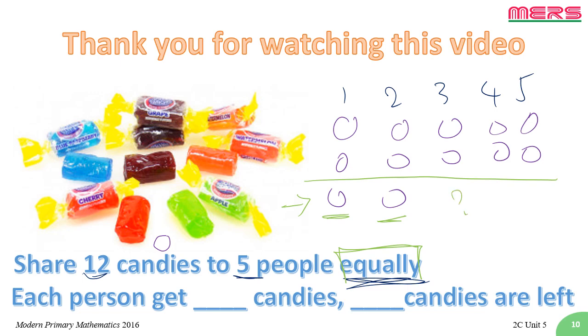The rest of them can't get any, so we can't share it equally. So the number of candies they each get is 2. Everyone can get 2 candies. And these 2 remaining candies can't be shared equally, so 2 candies are left.